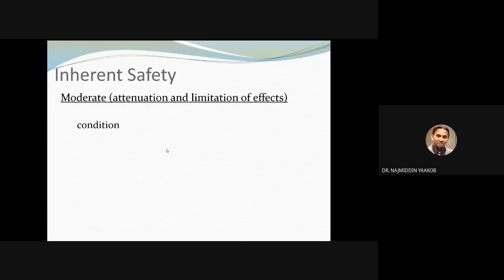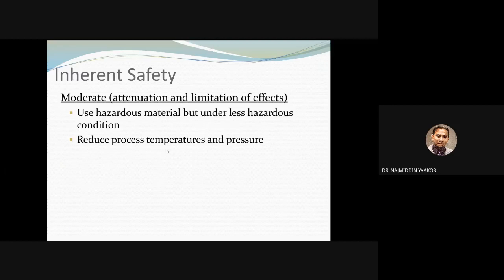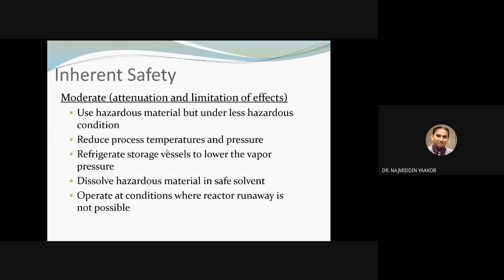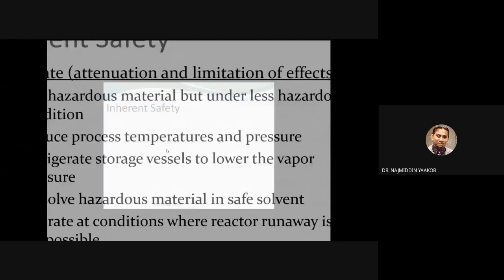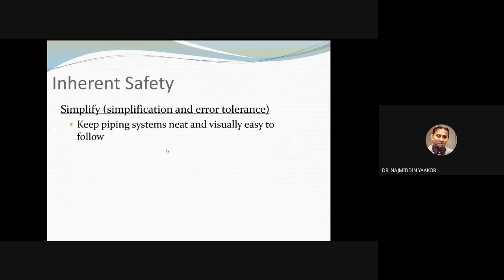Then to moderate: use hazardous material but under less hazardous conditions, for example, reduce the process temperature. These are to moderate the process flow parameters. And the last one is to simplify, where you keep the piping system neat and visually easy to follow.